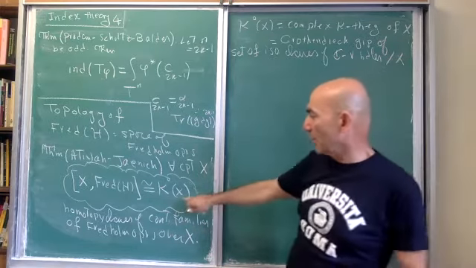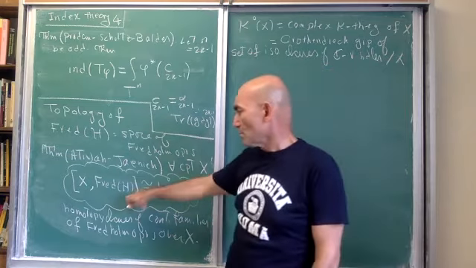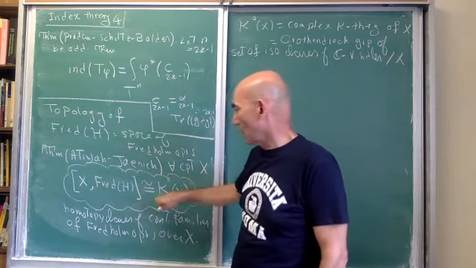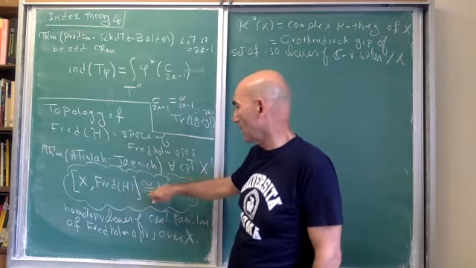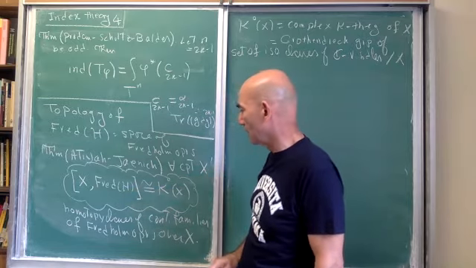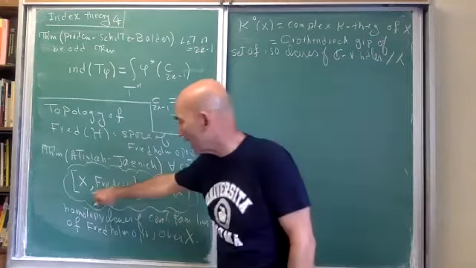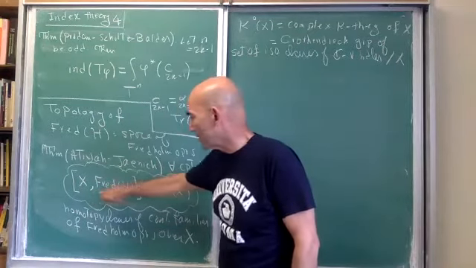So this is an abelian group. It would be nice to know that the isomorphism is actually an isomorphism of abelian groups. In fact, that's the case because you can define a group structure here.